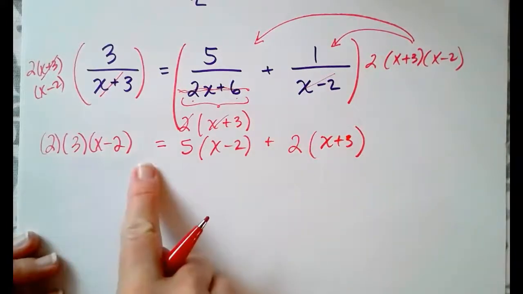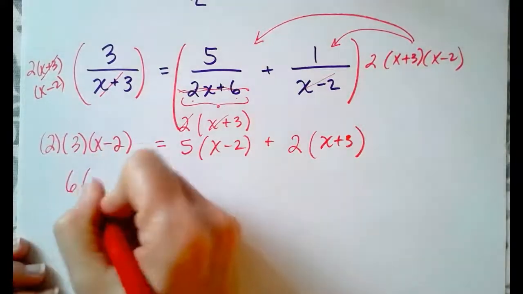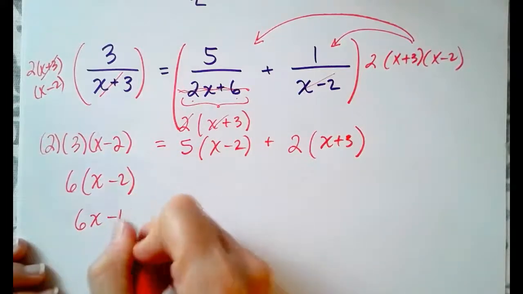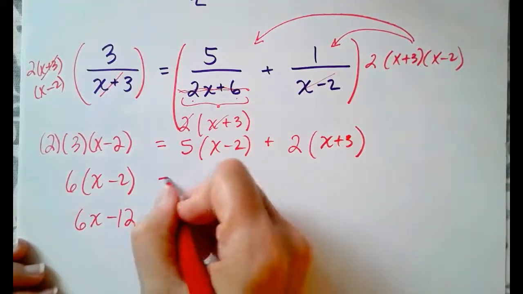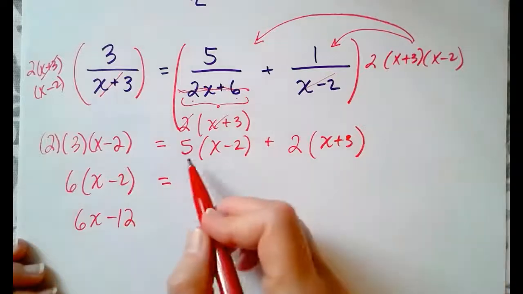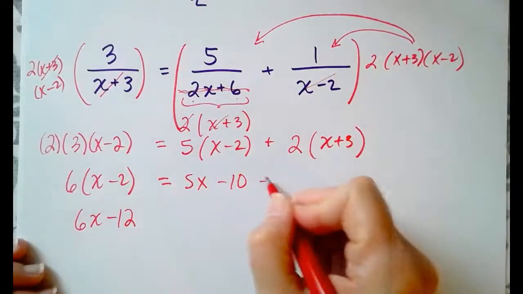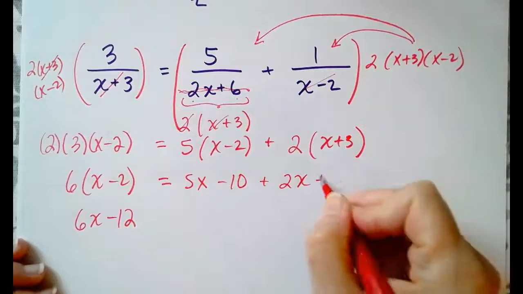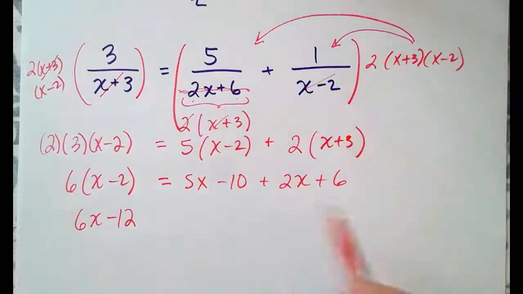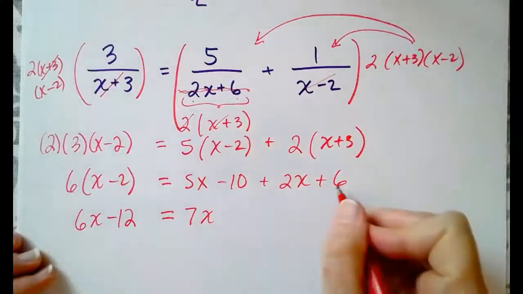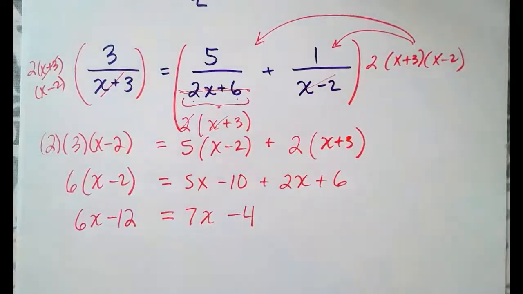So now let's simplify on the left. 6 times x minus 2 is 6x minus 12. And then let's keep going here. 5 times x, 5 times negative 2, 2 times x, 2 times 3. We can combine like terms again. That is 7x minus 4.